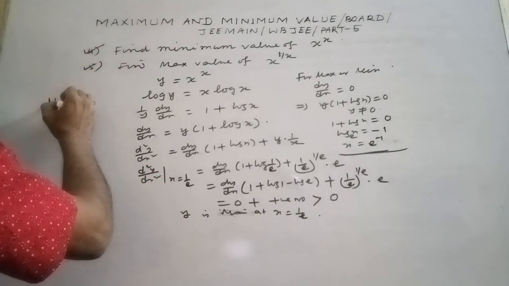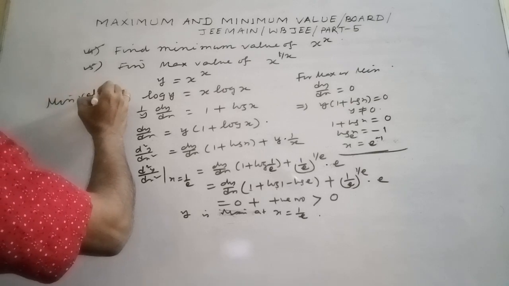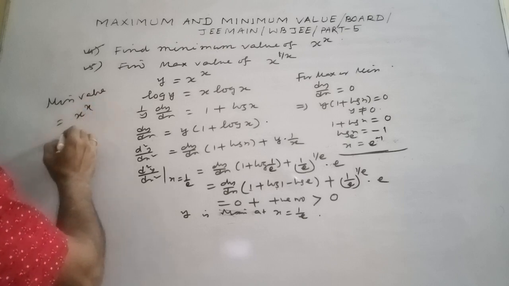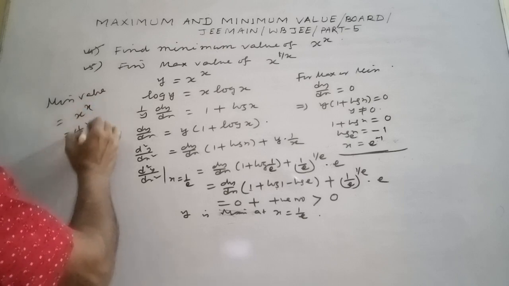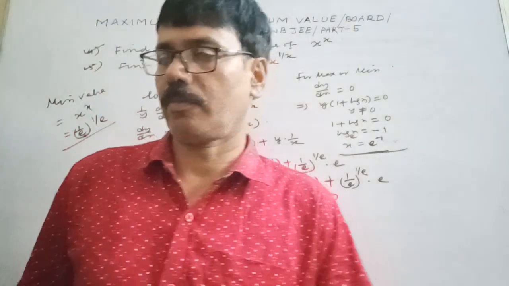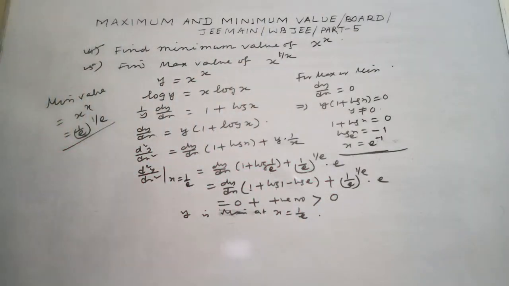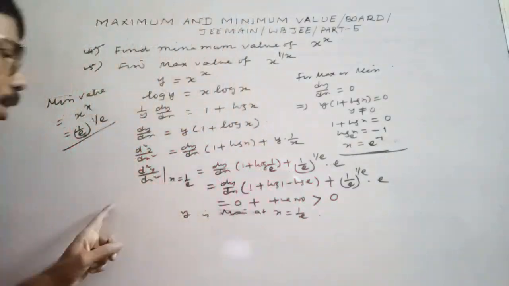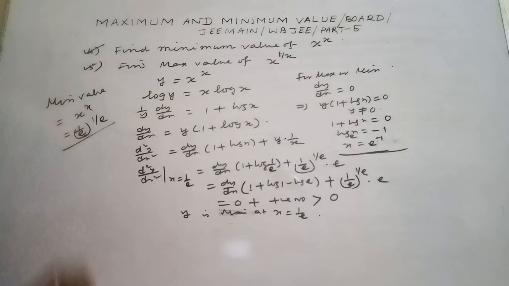Now it is the minimum value. Minimum value equals x to the power x, so (1 by e) whole to the power 1 by e. So you are getting the minimum value as (1 by e) to the power 1 by e.